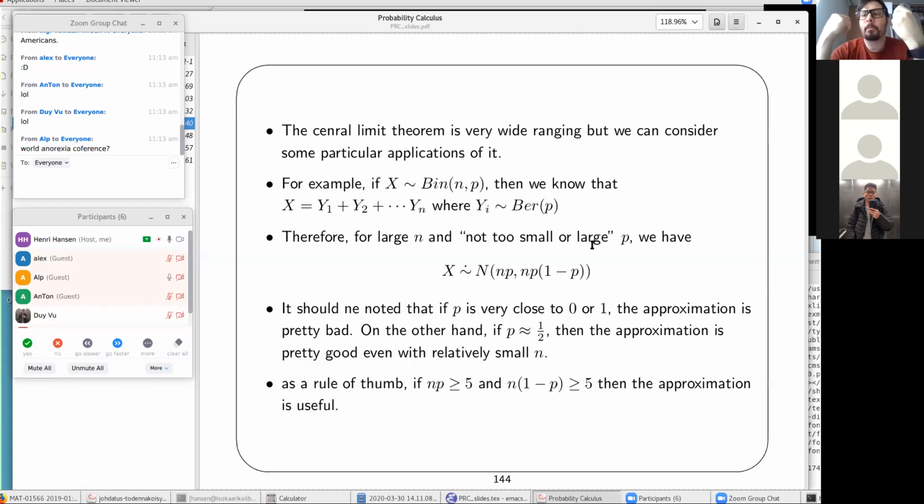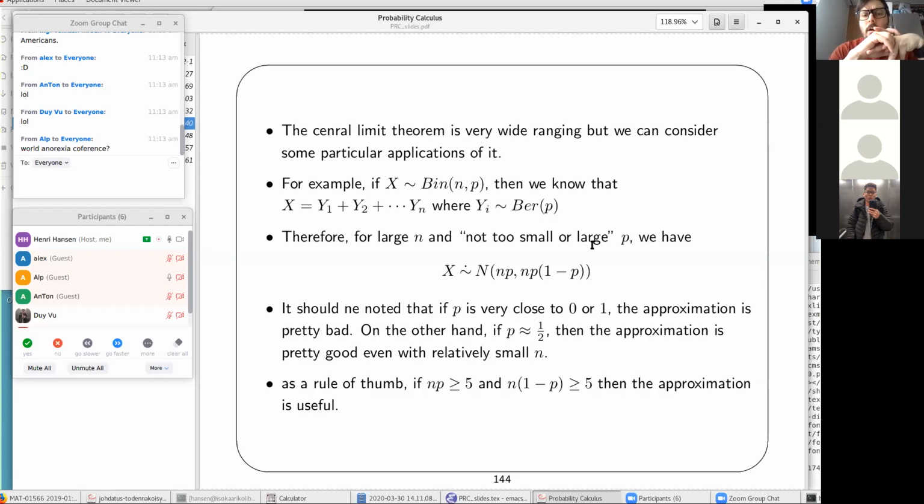You would expect the binomial distribution for a large n, if you normalize it, so you take a binomial distributed variable, subtract n times p, and divide that by the square root of n times p times 1 minus p, then what you get is roughly a 0, 1 normally distributed variable.